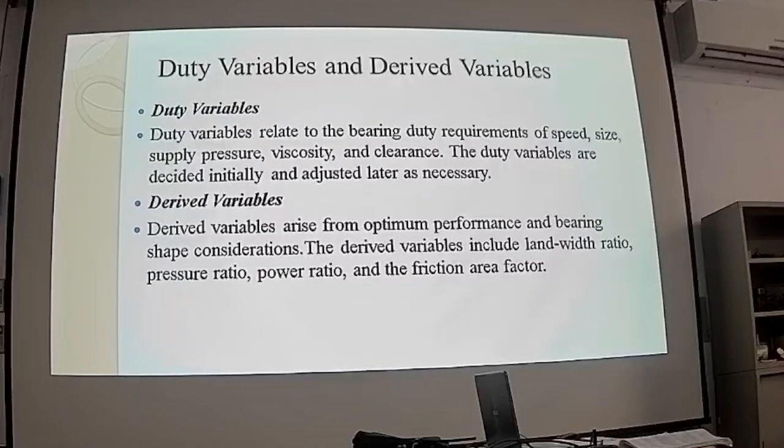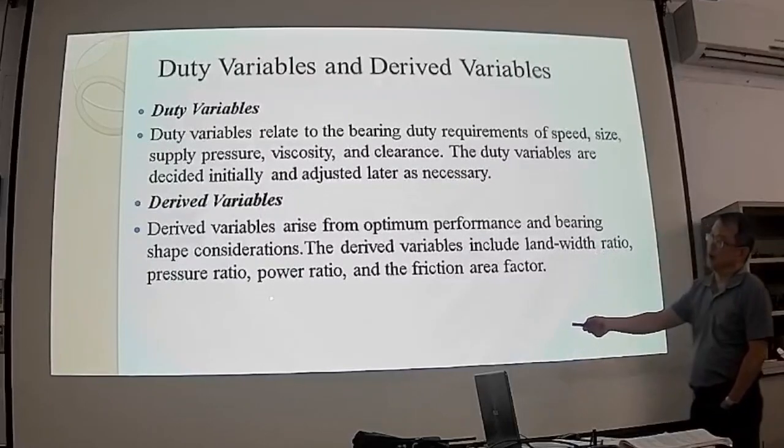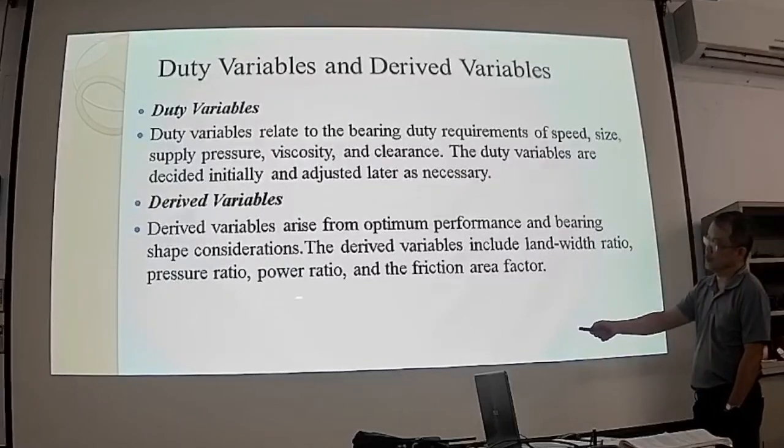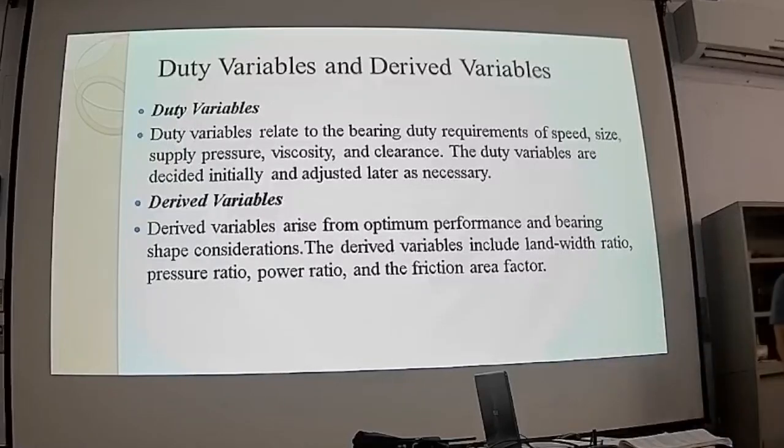So in this case, the bandwidth ratio, pressure ratio, power ratio, and friction area factor fall into the category of the right variable. So this is just a terminology for the bearing parameters or bearing variables.